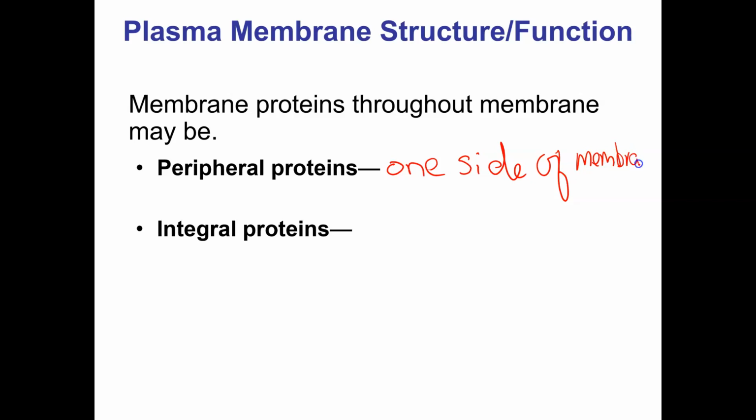So they're going to either be found inside or on the outside of the membrane, but they don't span all the way through. Whereas integral proteins are found spanned all the way through. So they span the entire membrane.